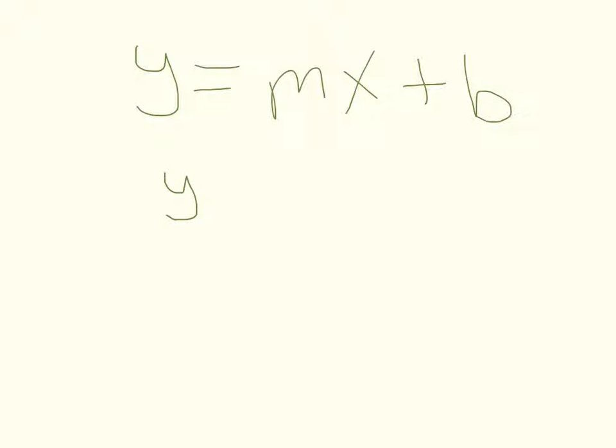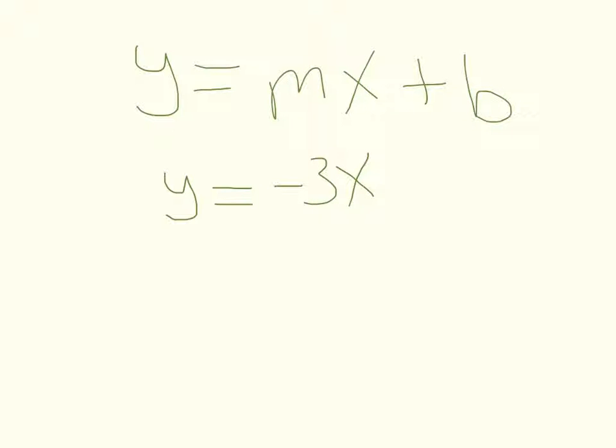Now, another thing to think about in 4.2 is when you're dealing with what's called slope-intercept form, the equation y equals mx plus b. As long as you know that m represents your slope and b represents the y-intercept, m is always beside x, you can look at an equation. For instance, if we have a different equation here, y equals -3x plus 5, you can find the slope and the y-intercept.